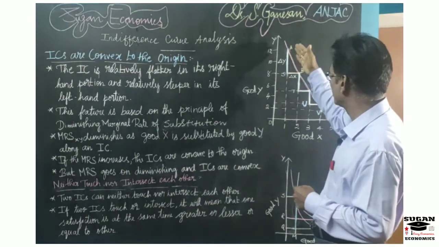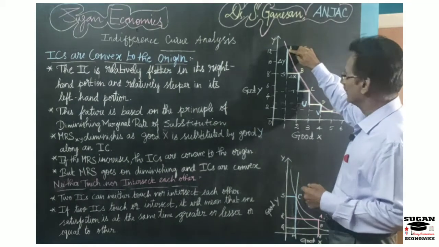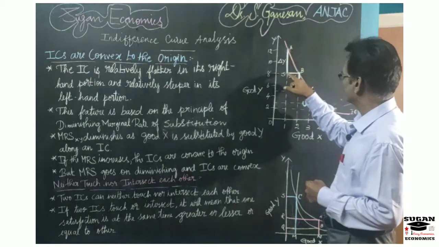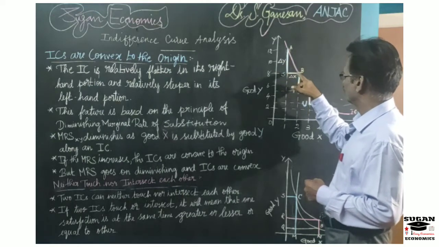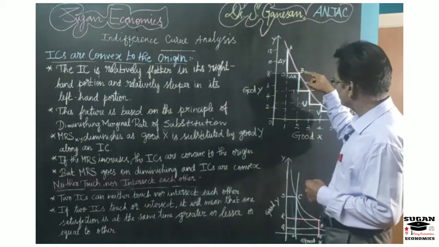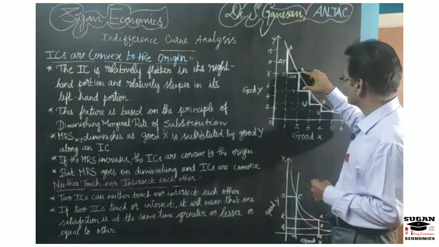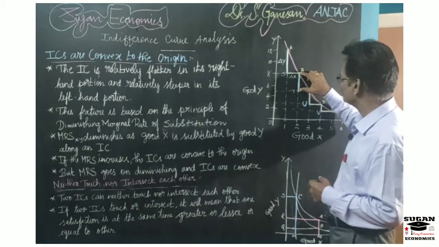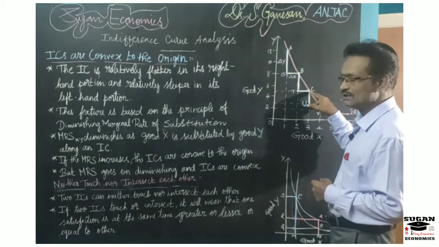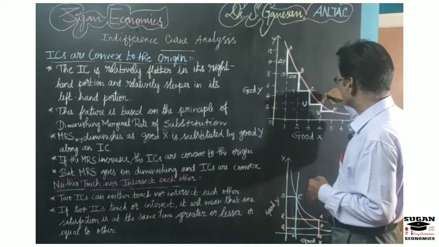But here you take into account, at point A the consumer is ready to give off AS amount of Y commodity for getting SB amount of commodity X. And for getting an additional unit of X commodity, the consumer is ready to give off only BT amount of commodity Y for TC amount of commodity X. So here the vertical distance goes on diminishing.